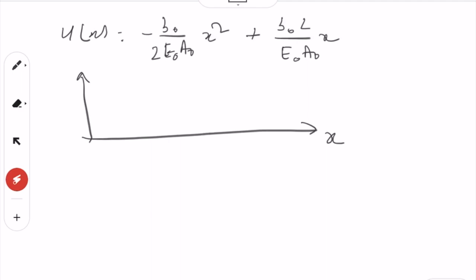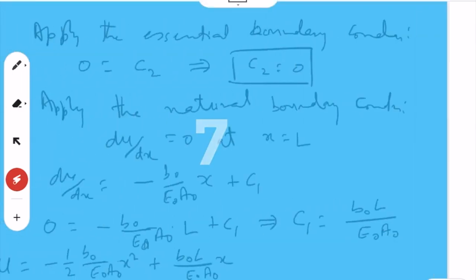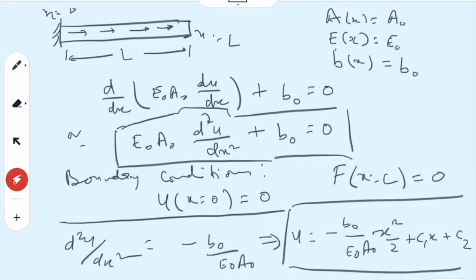Just looking at it from the point of view of a mechanical engineer, how will it look? There will not be displacement here, and displacement will be highest at the end, of course. So the highest displacement should be at this end, and displacement is positive. Also, we can see the slope of the displacement.